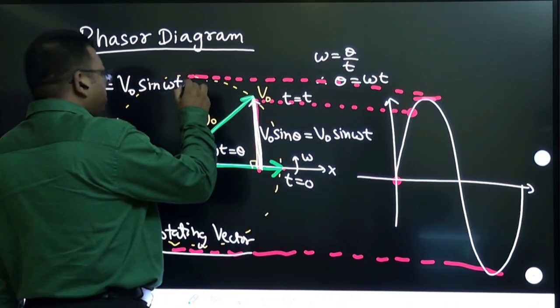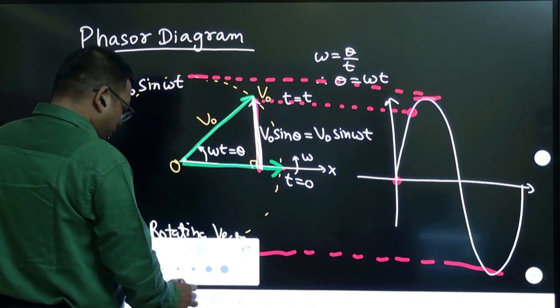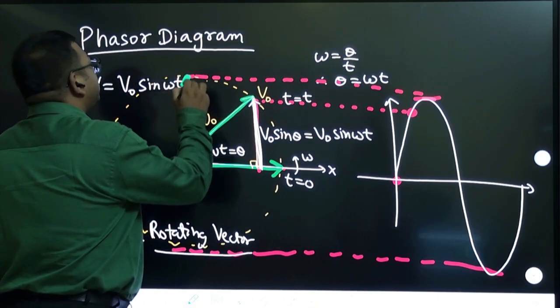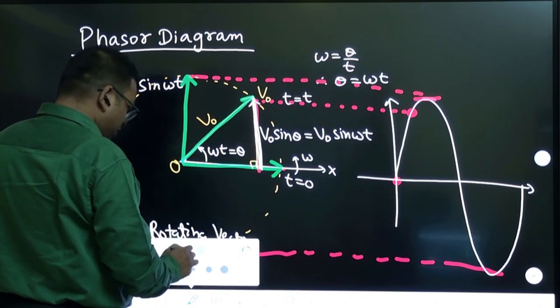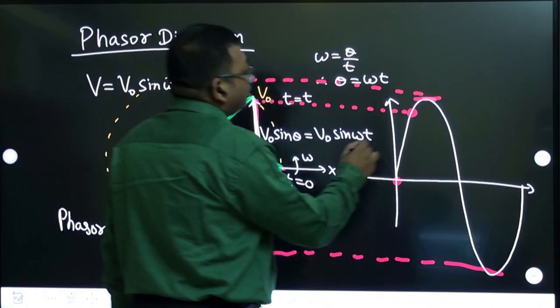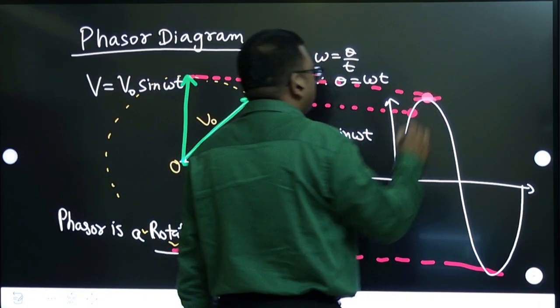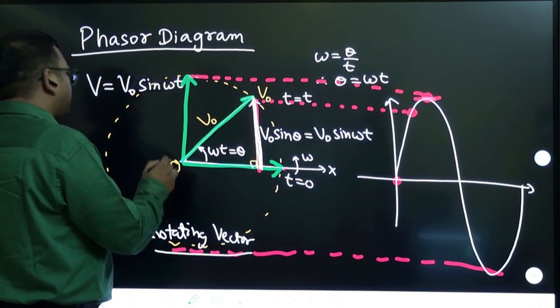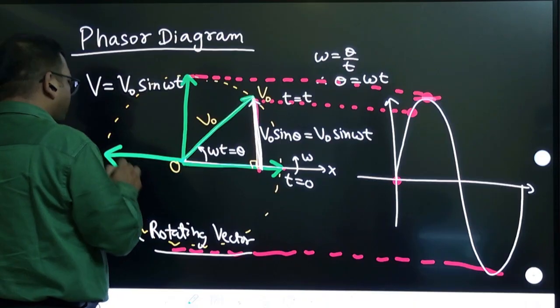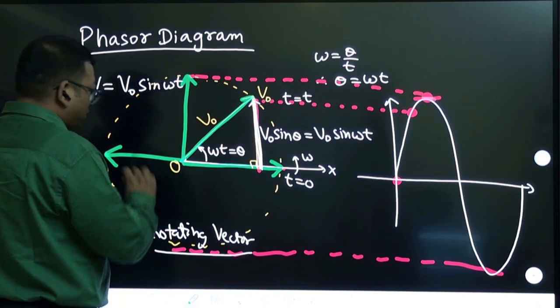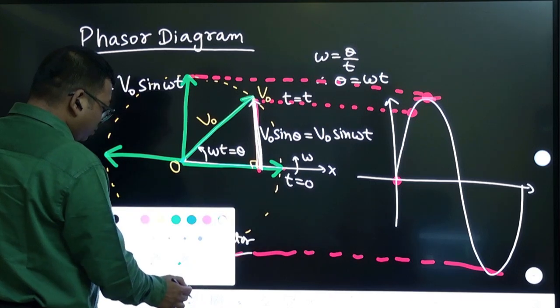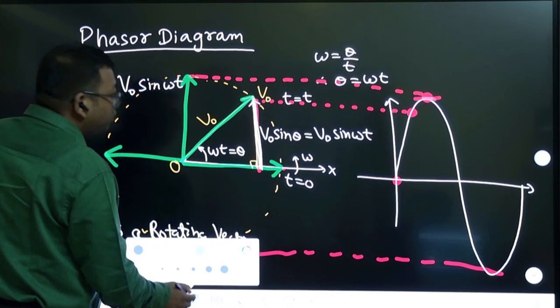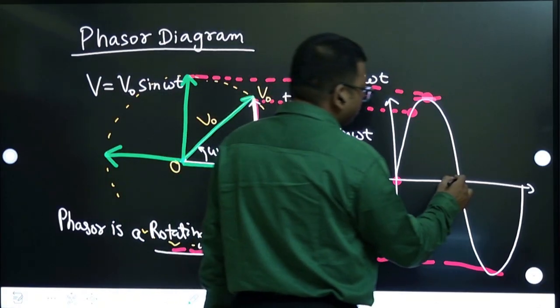When the phasor has rotated 90 degrees, the value is at its maximum. Then as it rotates further, y again becomes 0, so you see it has become 0 here.